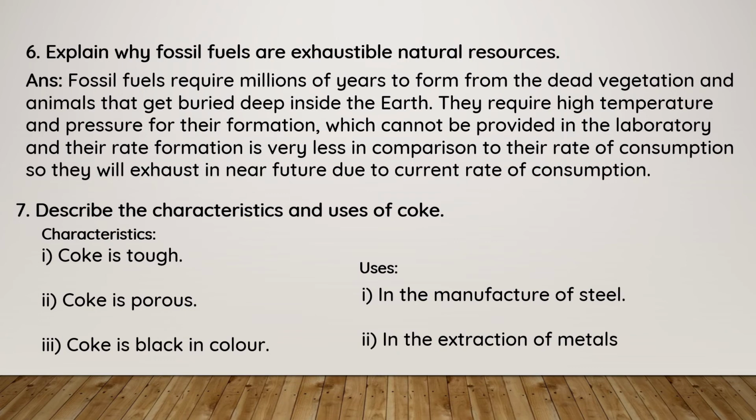Seventh one, describe the characteristics and uses of coke. Characteristics are: coke is tough, coke is porous, coke is black in color. And uses of coke: in the manufacture of steel and in the extraction of metals. That also you can write in your notebook.